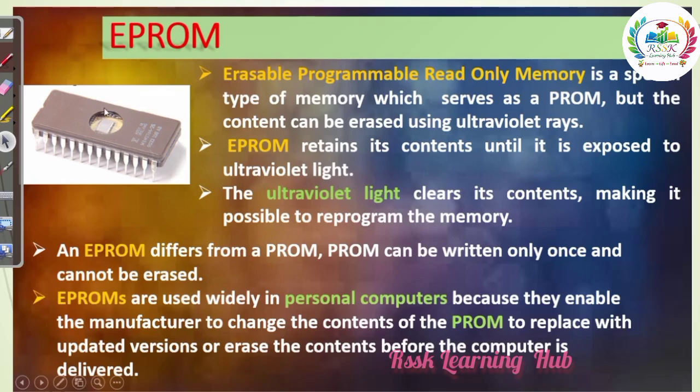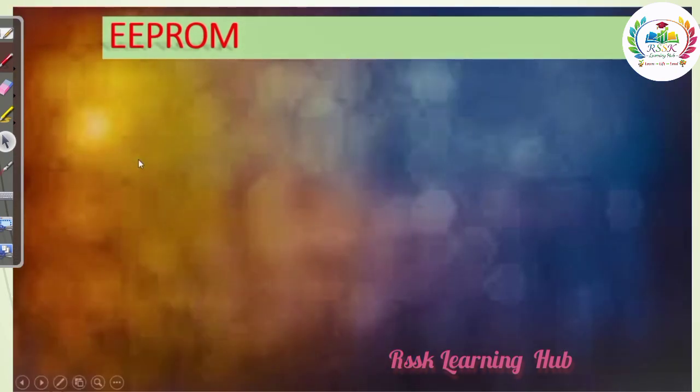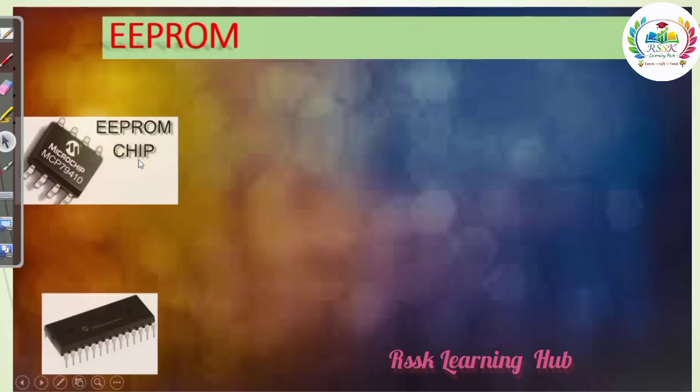What is EEPROM? EEPROM is electrically erasable programmable read-only memory. That is the next memory of your ROM. So far, what memory did we see? We saw ROM, then PROM, EPROM, now EEPROM.